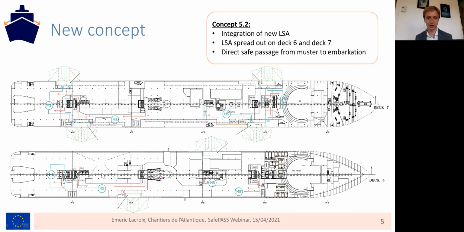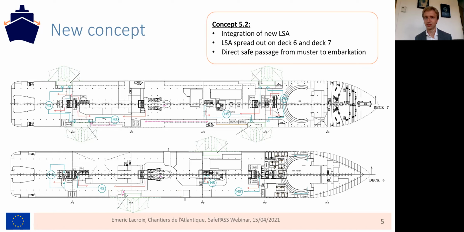So all the green boxes pretty much are LSAs, and we positioned them on 2 decks. We have 6 LSAs in total, 4 on deck 7, 2 on deck 6. This means that it's a lot more spread out around the ship. It's not all on one deck, all focused and concentrated.